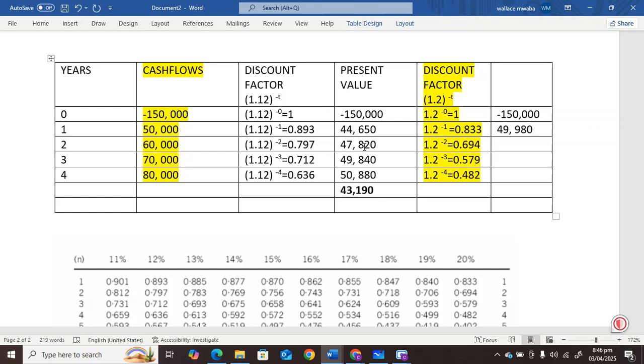I'm getting 41,650. Colleagues, are we all getting 41,650?